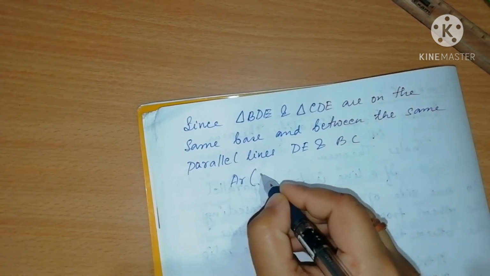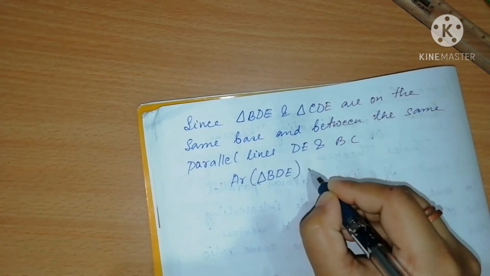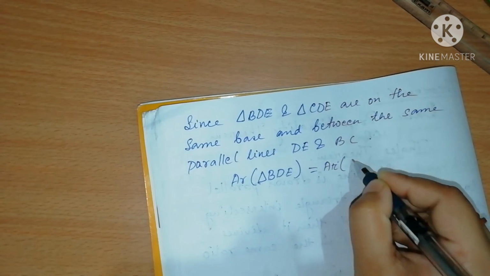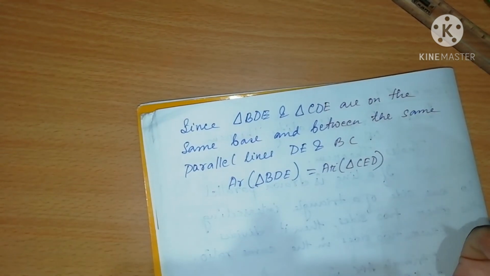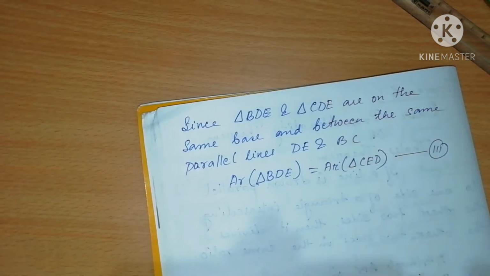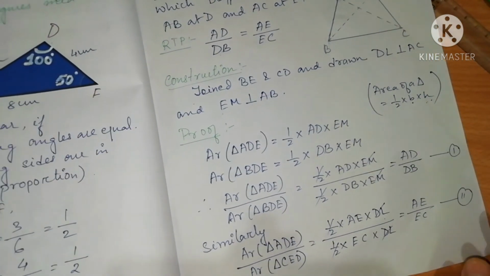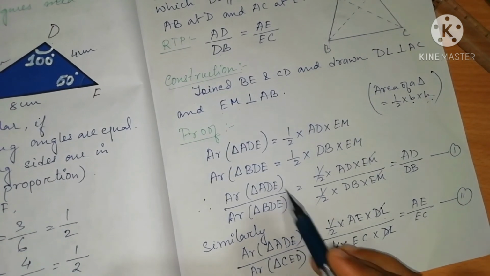area of triangle BDE will be equal to area of triangle CED. Let us take this as equation 3. From equations 1, 2 and 3, since these two areas are equal, they will cancel.